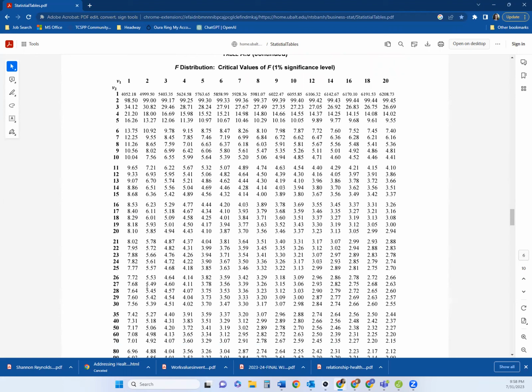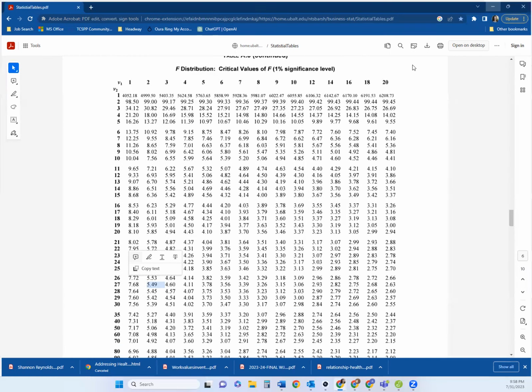And sure enough, I go under 2 for my numerator, and I come across from my denominator to 27, and 5.49 is my cutoff here, my critical value. So I can say that this particular finding is significant at the 0.01 level, the 1% significance level.